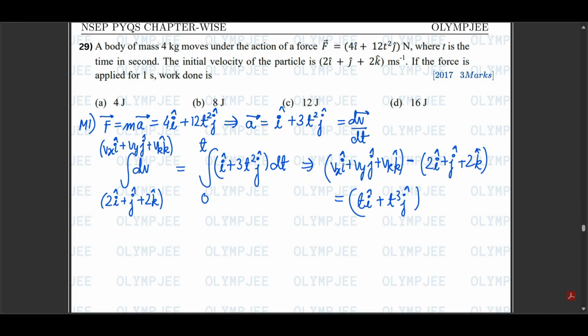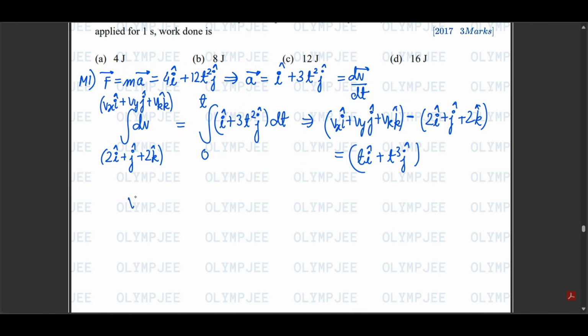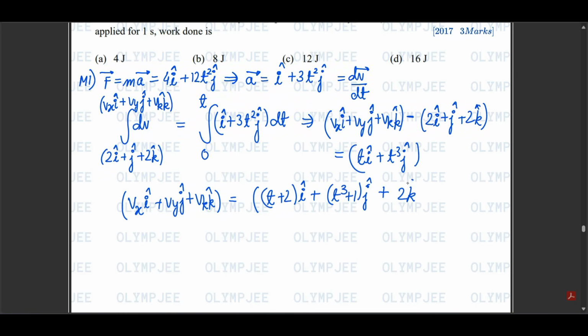So velocity at any time t, if we take this term on the right hand side, is vx i cap plus vy j cap plus vz k cap equal to t plus 2 i cap plus t cube plus 1 j cap plus 2k cap. So this is the velocity in terms of time.